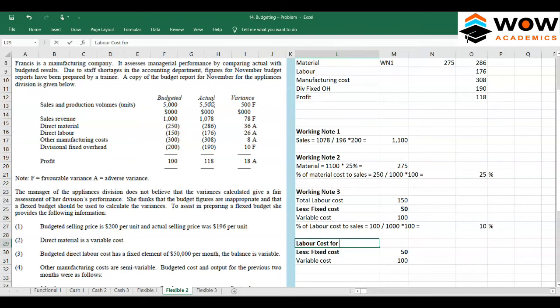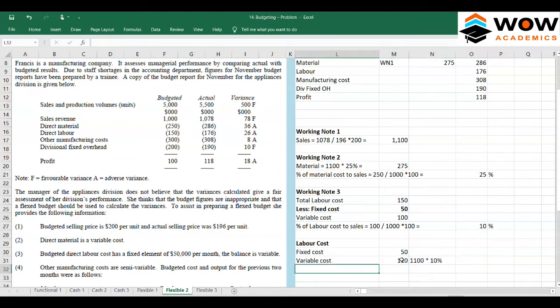Okay, I think they have given us the units. I think I've missed it. Okay, units is 5000 and 5500. But either way we have started working it out, we will work it out. The variable cost won't be 100, it will be 10% of 1100, so I think that would be 110.